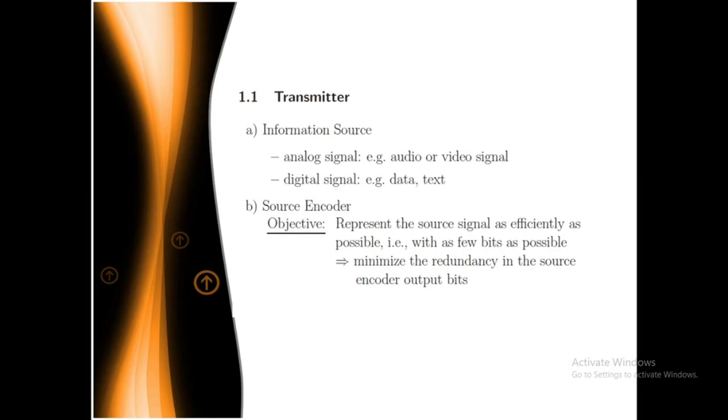The main objective is to represent the source signal as effectively as possible with as few bits as possible. Here it converts analog information to digital information, so we use A to D conversion techniques, which are source encoder techniques. This is the first unit, which we will see later on.